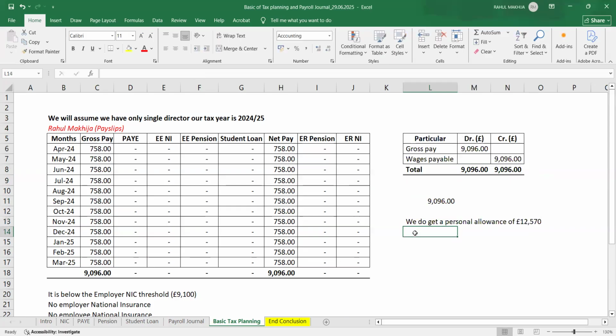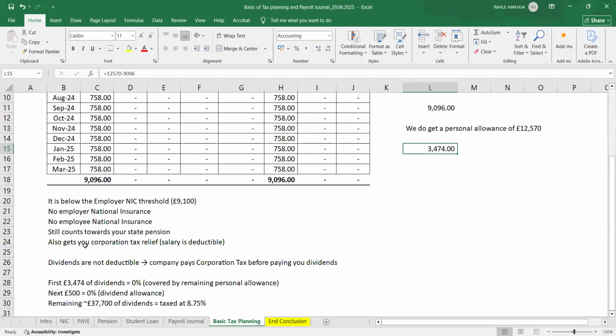Okay. So from which we have used 9,096 and we are still left with 3,474 pounds of our personal allowance, which we can use for tax free withdrawals from our company.